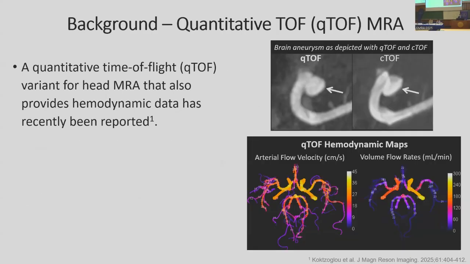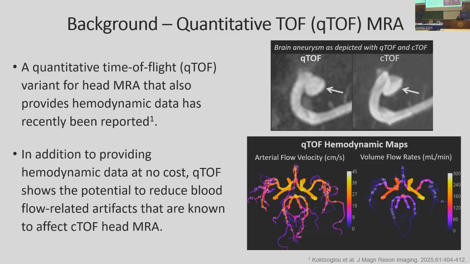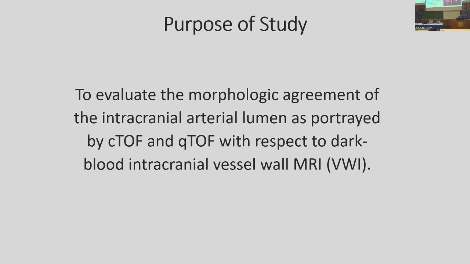So recently, a quantitative time of flight variant for head MRA that also provides hemodynamic data has been reported. In addition to providing hemodynamic data essentially at no cost because there's no additional scan time, it does show the potential to reduce blood flow related artifacts that, as I mentioned before, are known to affect conventional head MRA.